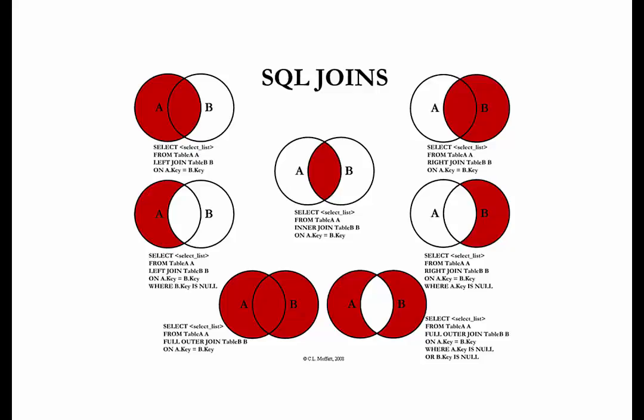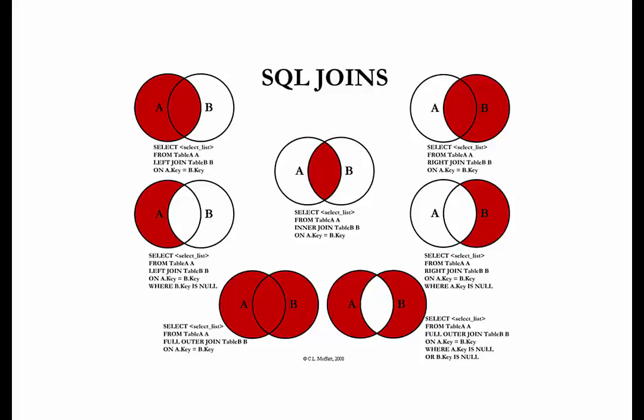Sorry, all the records from A that match with B, plus all the records from A that don't match, plus all the records from B that don't match. These other ones that you see, you can get to these portions of the Venn diagram when you include null values or exclude null values from a calculation.